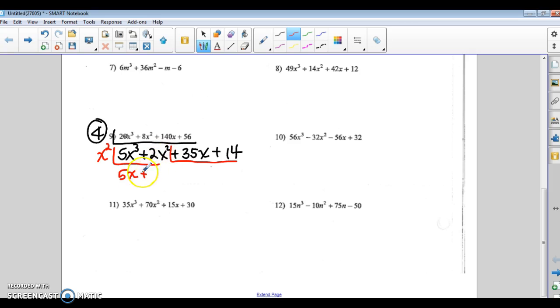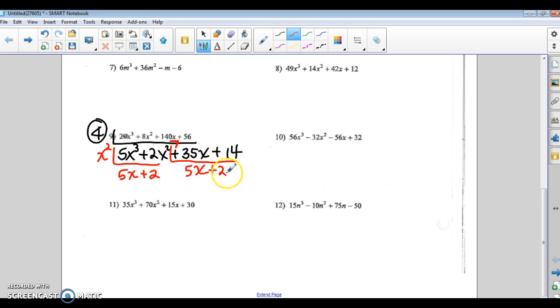Okay, 2x squared divided by x squared is 2. How about between 35 and 14? What is the greatest common factor between those two numbers? It's going to be positive 7. So if you factor out a 7, it's going to be 5x plus 2.